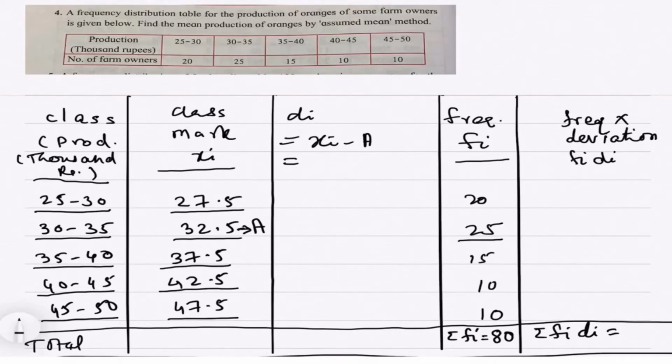So in the next column, we calculate di as xi minus A, which is the value of xi minus 32.5.